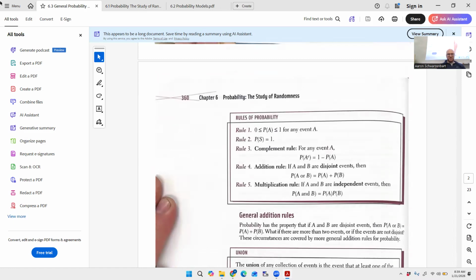Okay. Probability rule number 1: we notate the probability of an event as P parentheses A, kind of like function notation. The probability of any event, you could say P of ace.